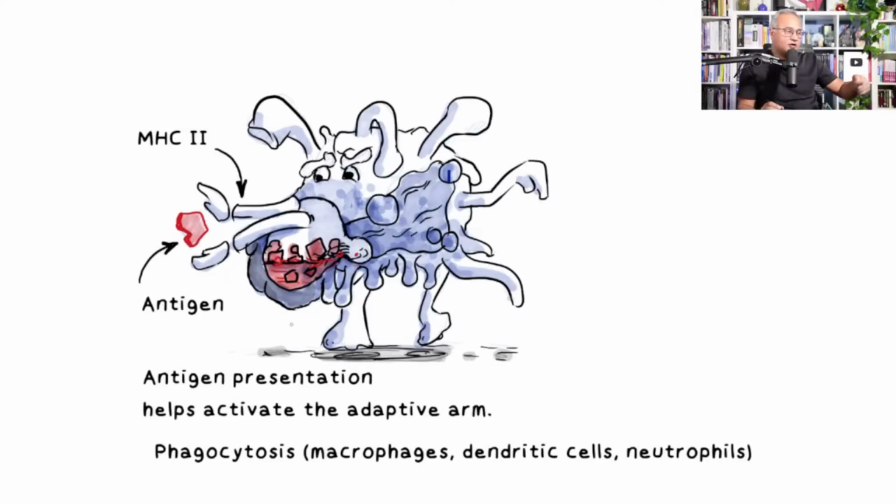So whenever in the immune system discussion you come across the words antigen presentation, this is not simple English writing. This is a term that means to display the antigen on the surface of a presenting cell via MHC2 or MHC1.